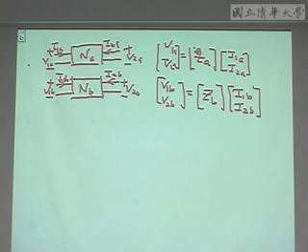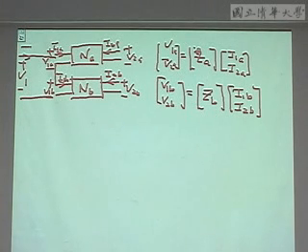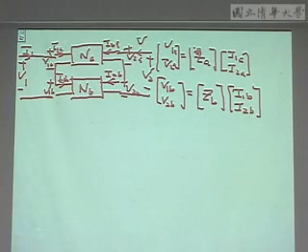So you can see for series connection, we have the new 2 port called compound circuit. This is V1, this is I1. And here we have V2 and this is I2.